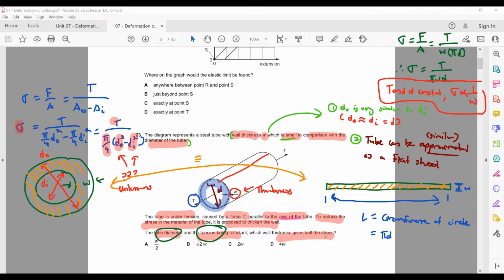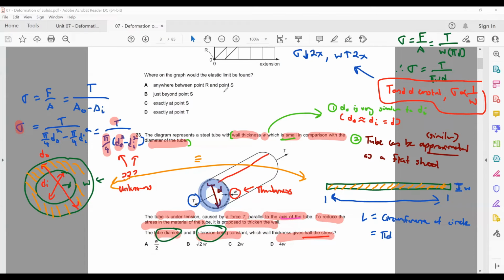So you want half the stress. What should the thickness be? So if your stress is reduced by half, wait on, let me just fill this one more. I use a different color. Okay. This one, if your stress is reduced by half because you want half the stress, that means W would need to increase by 2 times.